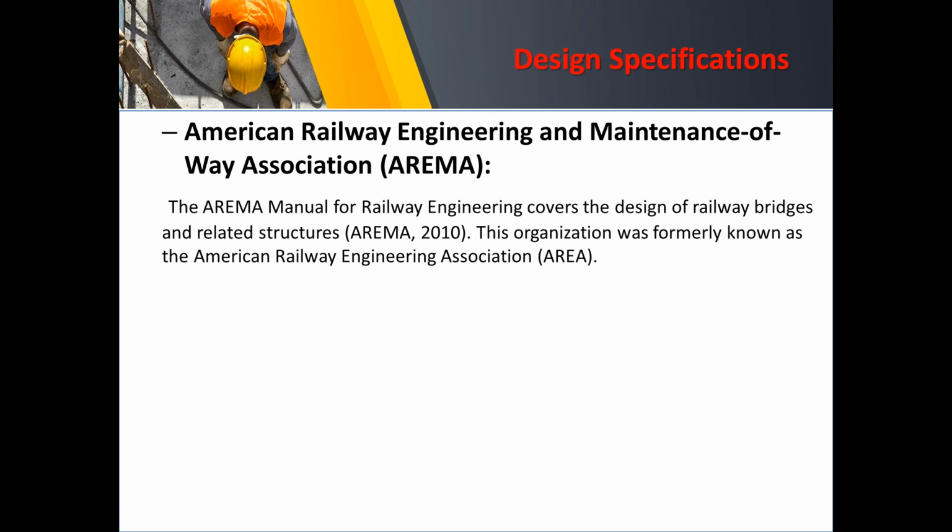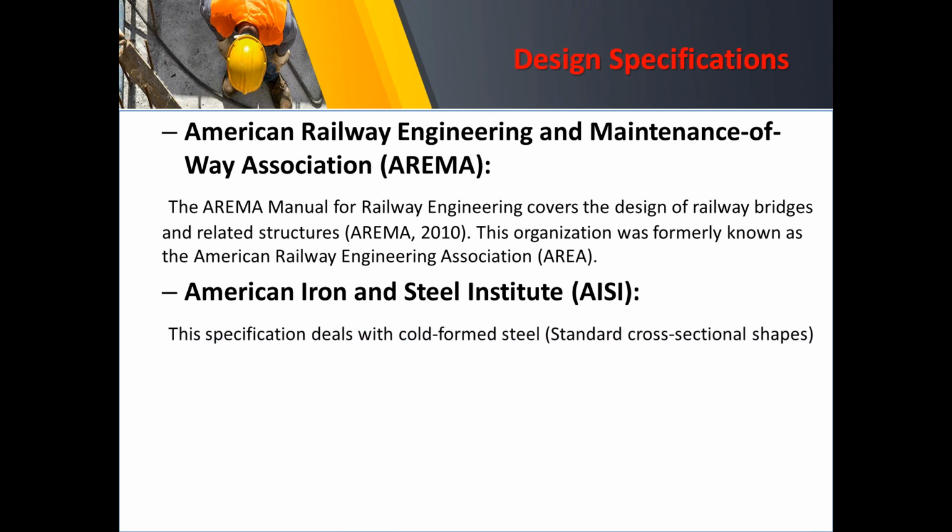Class, we need to know all of these organizations because later on you will be searching for references in your design guide. We also have the American Iron and Steel Institute, or AISI. It deals with the cold-formed steel standard cross-sectional shapes.